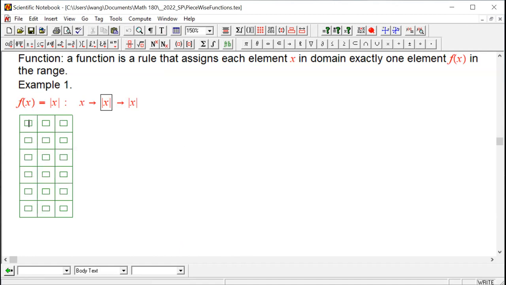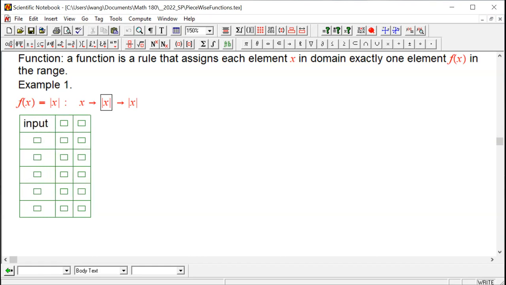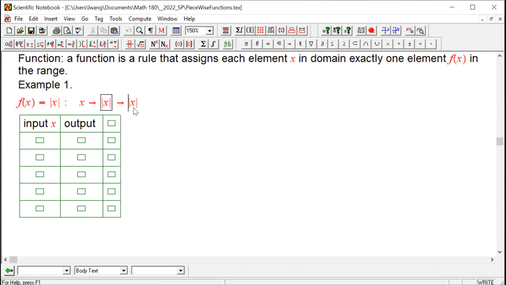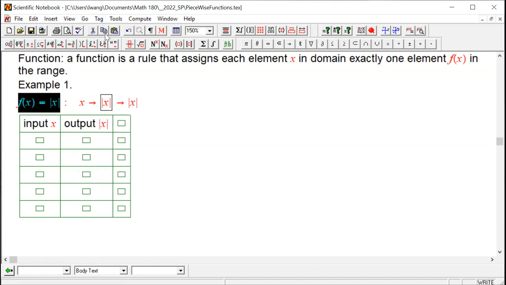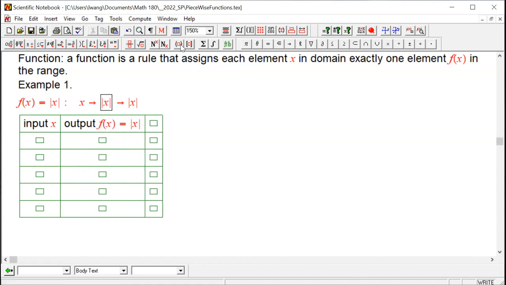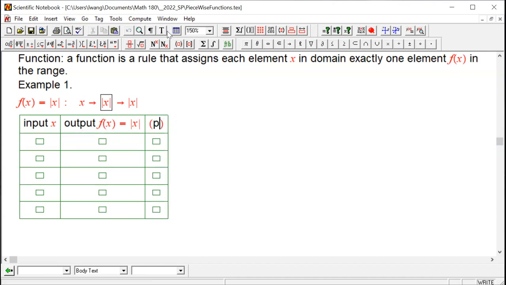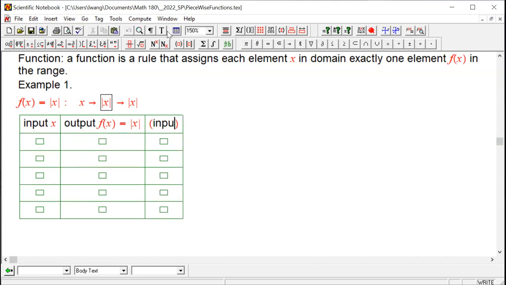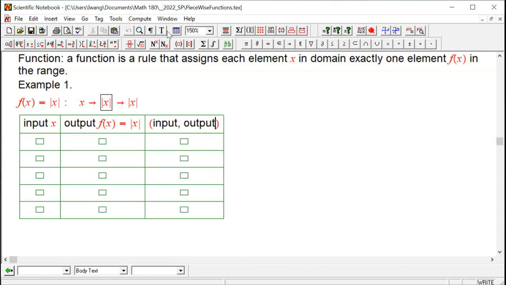Input X, and output, of course, the absolute value of X. Or you can just use this notation: the input, comma, output as a pair.